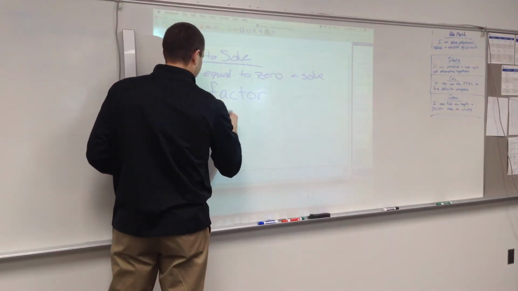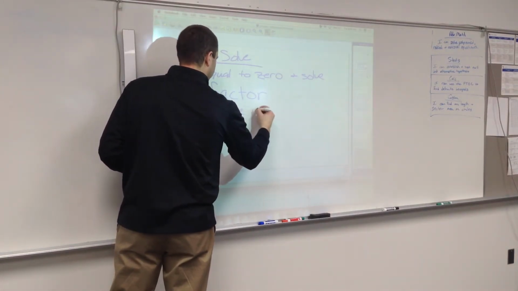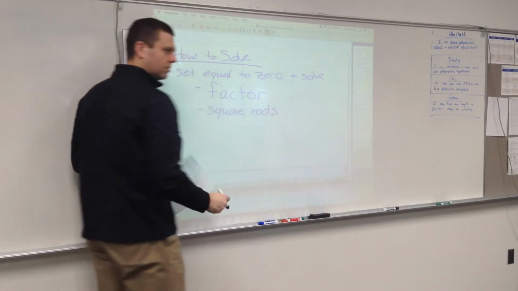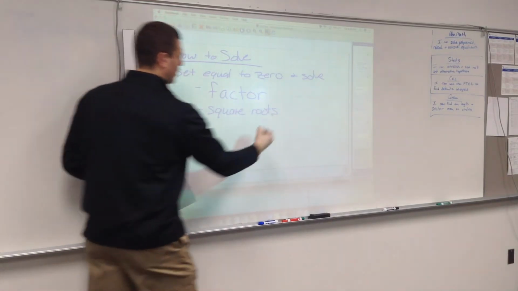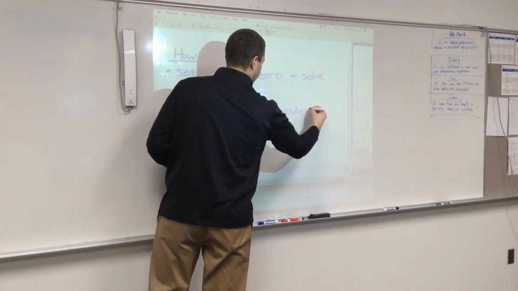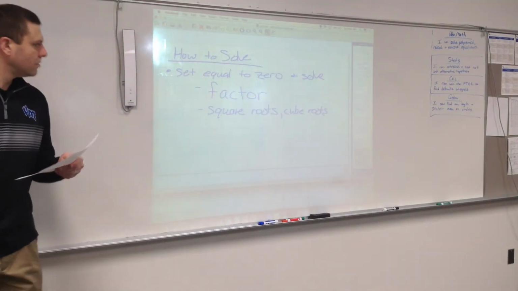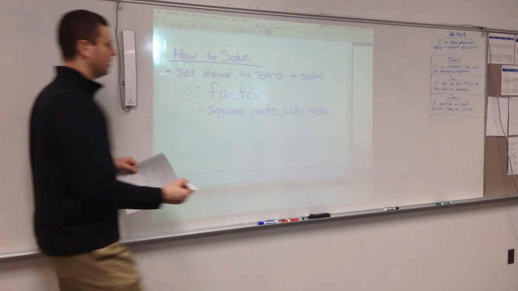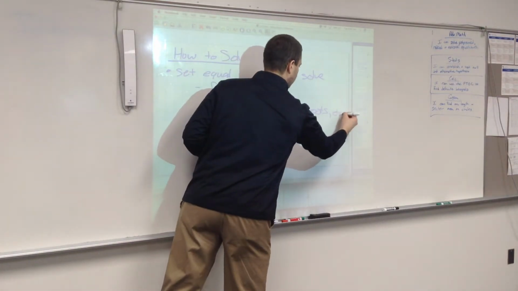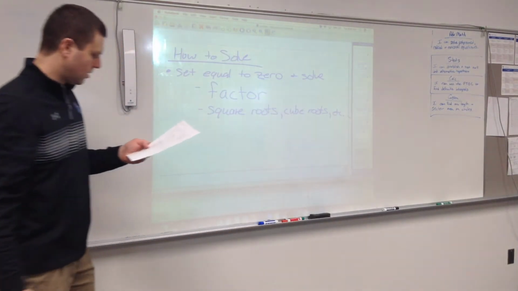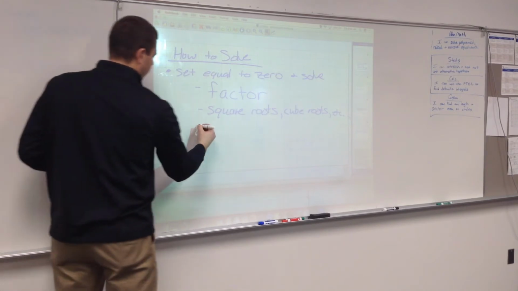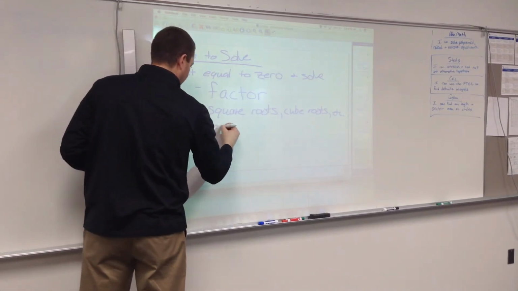You may be able to get by using some square roots or cube roots. Not very often, but keep that in mind. That can work sometimes. Square roots, cube roots, etc. Here's one that I'm sure you've forgotten.